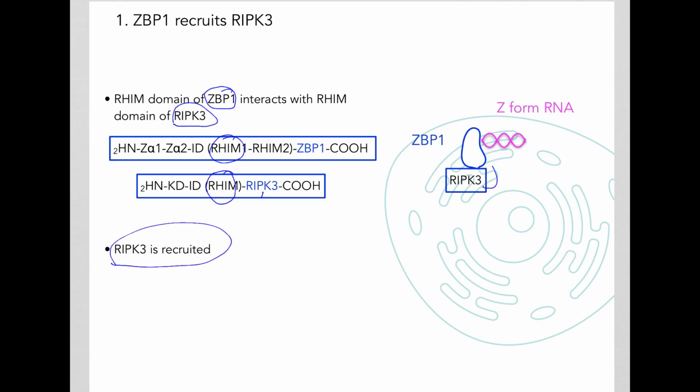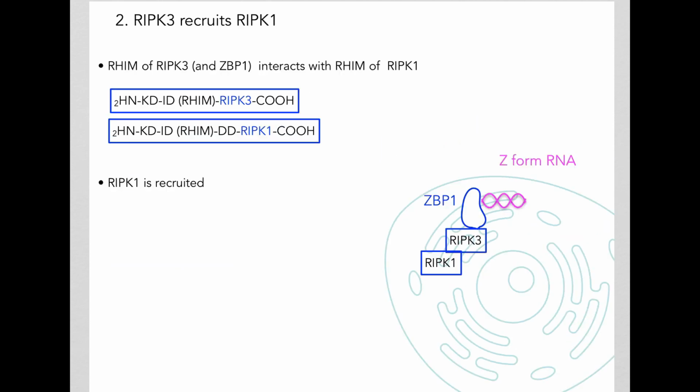And that recruits RIPK3 towards the receptor. Now the RHIM domain of RIPK3 as well as ZBP1 now interacts with the RHIM domain of RIPK1, and that will recruit RIPK1 towards the receptor.